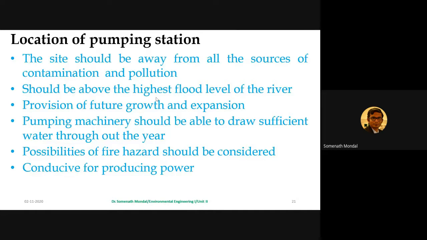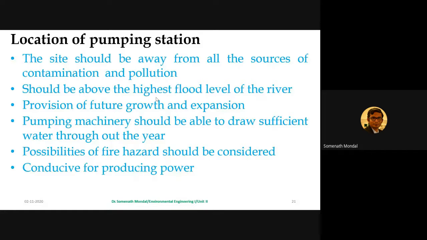And the final one is the proximity of the site to the railways from where coal can be quickly made available for producing power, which may also have to be considered. Though this particular point is quite obsolete, we need to take care of the fact that the site should be conducive for producing power. That means even if we want to install a diesel operated, electrically operated or gasoline operated pump, the pump station should be easily accessible for any vehicle, so that it can go there and dump the fuel whatever is required periodically.